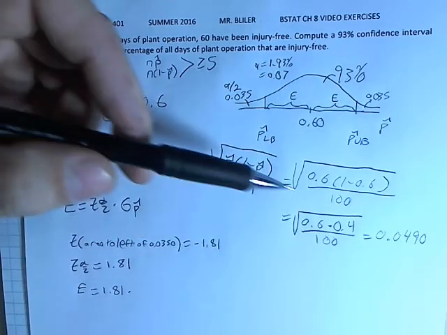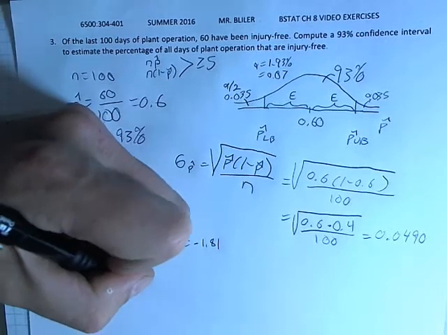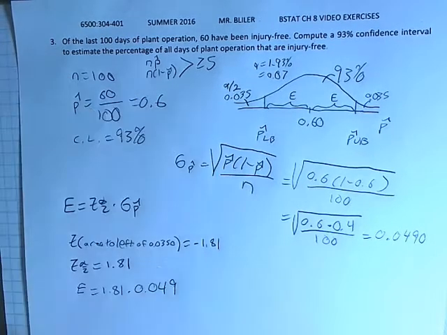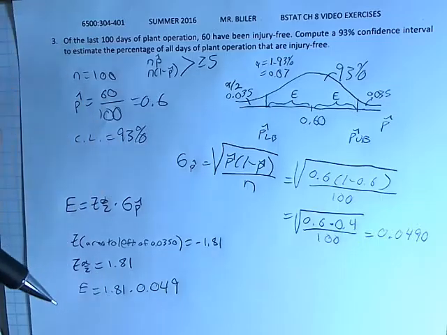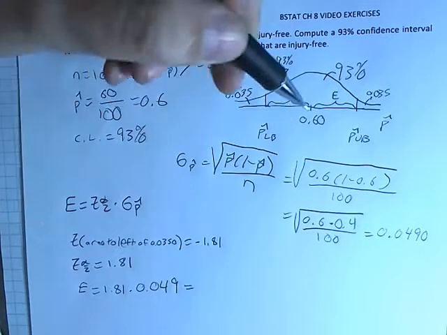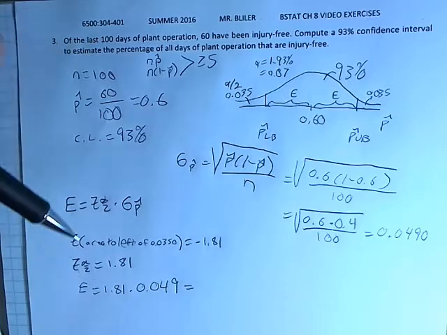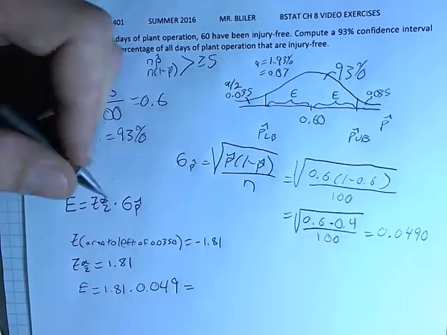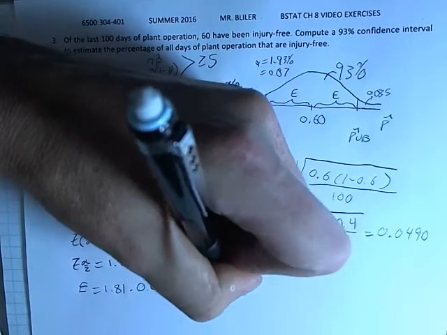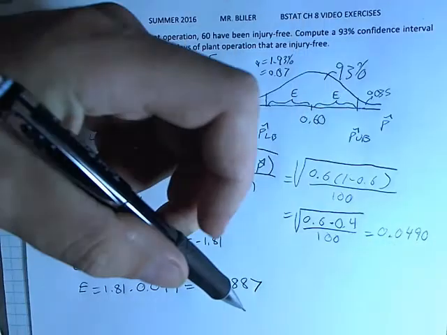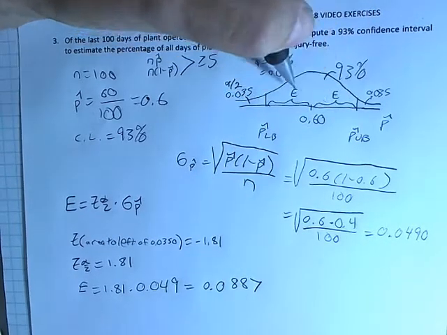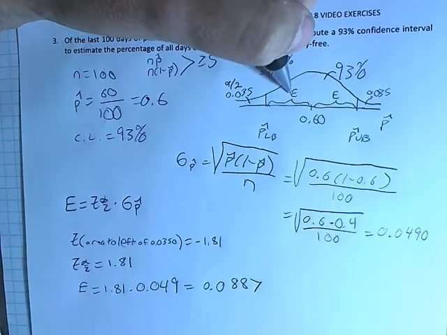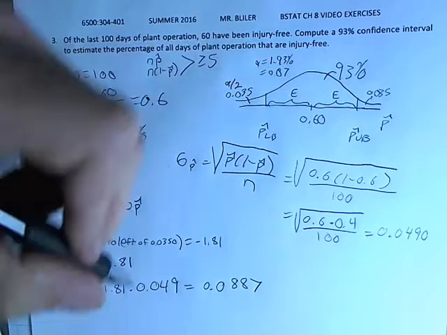The standard error, as we computed, was 4.9% or 0.049, and doing that final calculation here to come up with our margin of error value, we're going to multiply the z alpha half of 1.81 times the standard error value of 4.9%, and that's going to give us a margin of error of 8.87%.